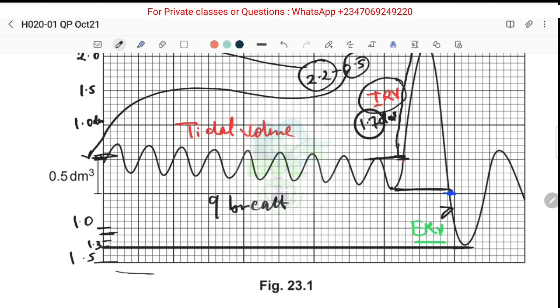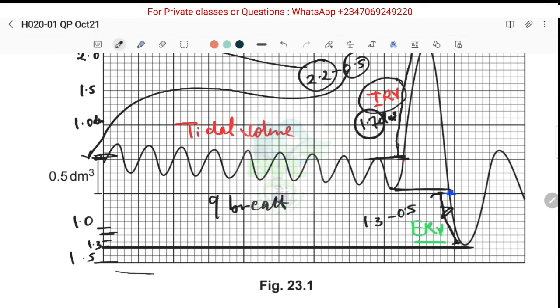Now what we are looking for is the distance from here to here, just that distance. To do that, we subtract: 1.3 minus 0.5.